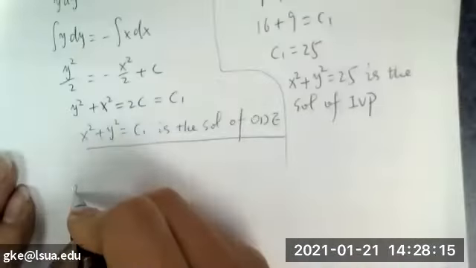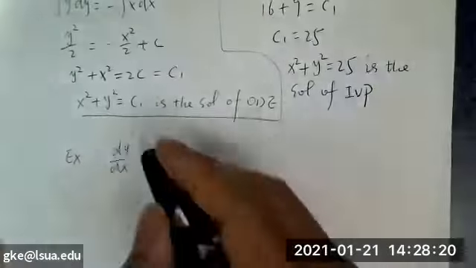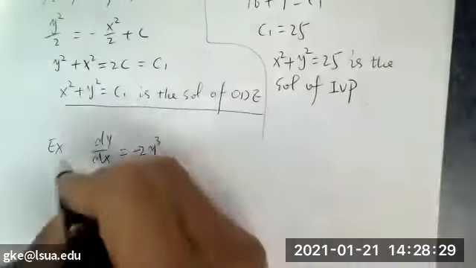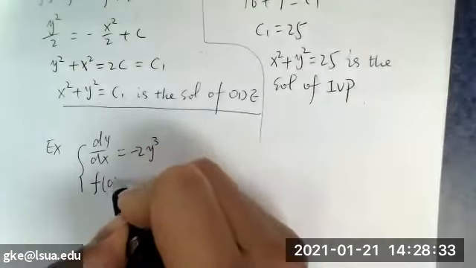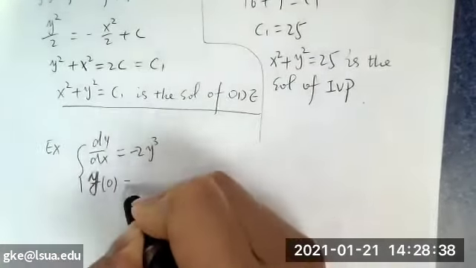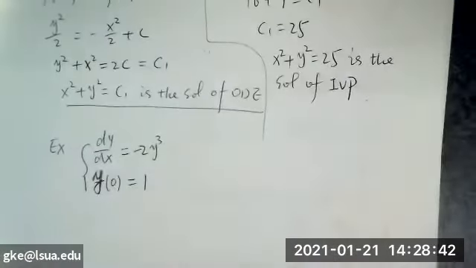Now, if I give you, and we have, oh sorry, we have y0 equals 1. Okay, try this one for me.